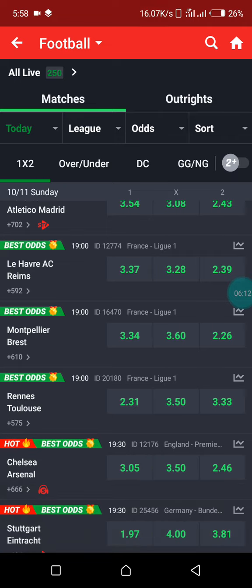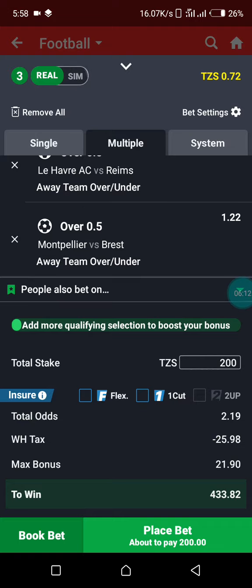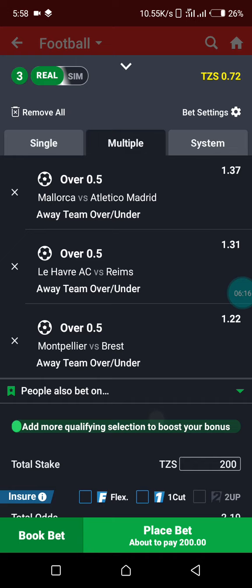Only 3 games and we have 2 odds. So if you combine these games, I'm sure that you are going to make a profit. So just try it, guys. This strategy is very powerful.